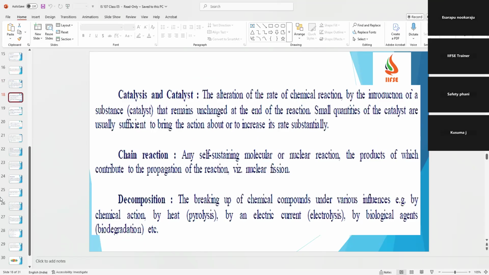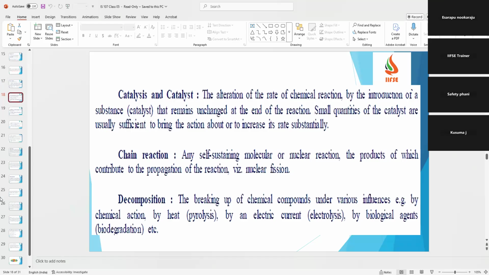A catalyst speeds up the reaction rate. It never gets involved in the reaction or mixes in the process. Small quantities of catalyst are usually sufficient to increase the rate substantially.